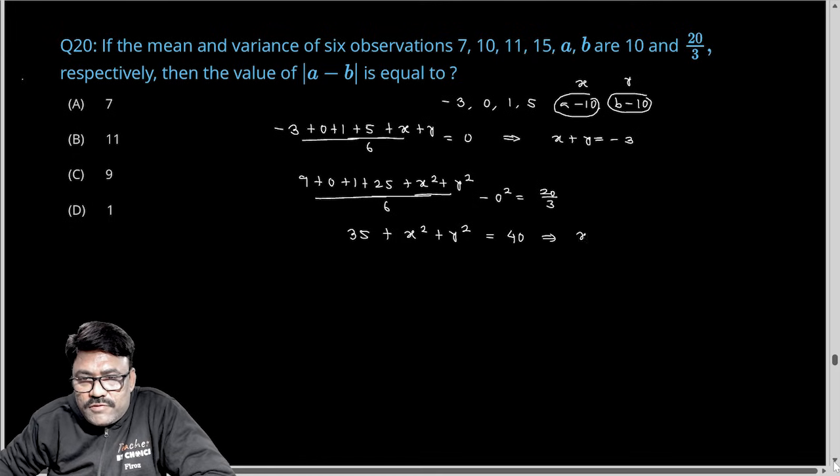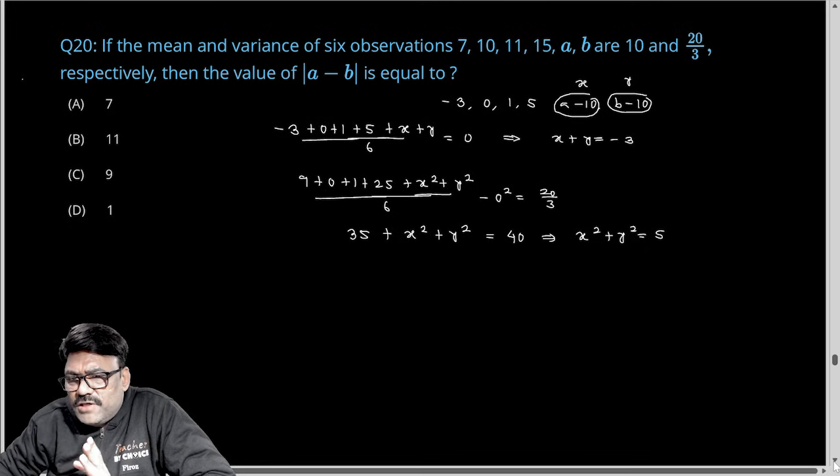So x square plus y square is 5. And you can clearly see that minus 1 and minus 2 satisfies. So x is minus 1, y is minus 2.